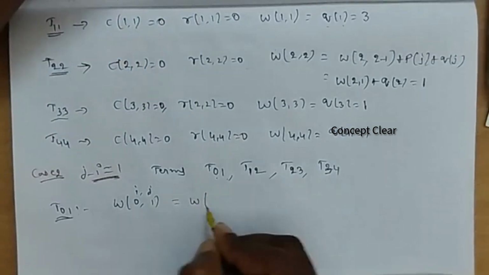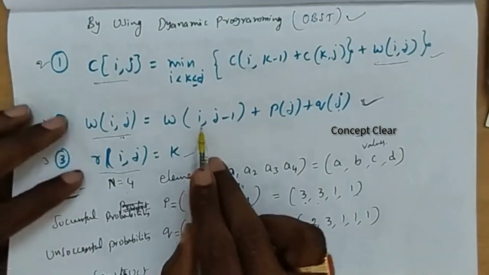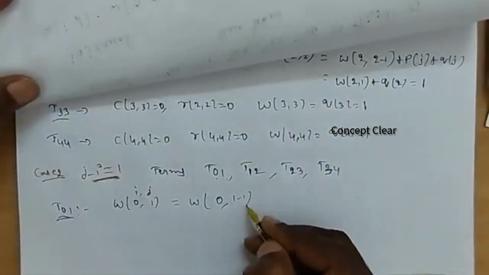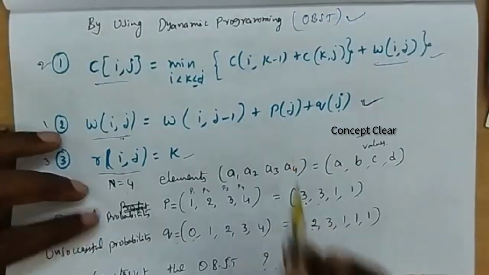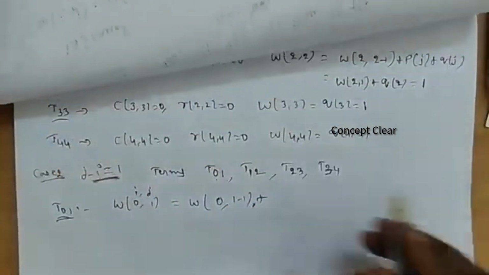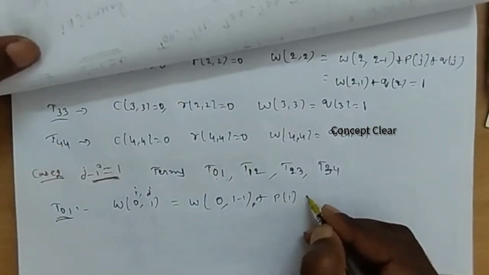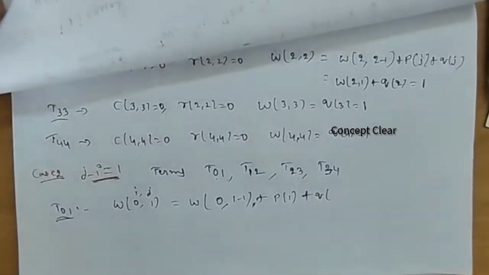Next, what is the formula? W of i comma j minus 1, so with j value 1, it is 1 minus 1, plus P of j value. What is the j value here? 1. So, P of 1 plus Q of j value.